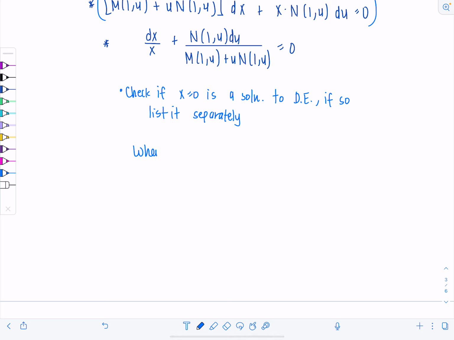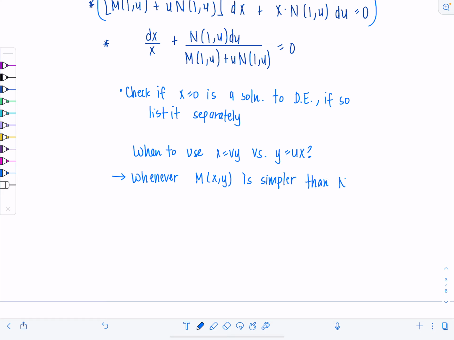When to use x equals vy versus y equals ux: whenever m of xy is simpler than n of xy. If the homogeneous equation that's multiplied by dx looks simpler than the one that's multiplied by dy, then it's a better idea to use x equals vy.